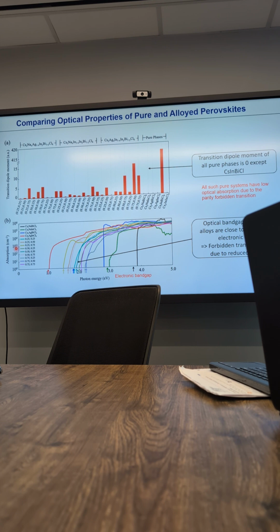It reduces the symmetry of the system, and they are saying that because it reduces the symmetry, some of the systems which shouldn't have an optical transition start to show optical transitions. That's what they prove here, and that's how they show the overlap with the electronic band gaps. Let me just confirm from here.